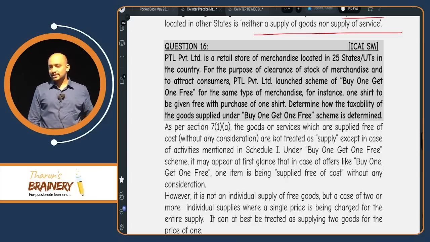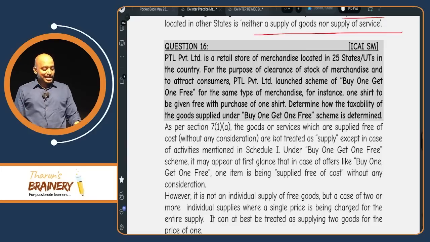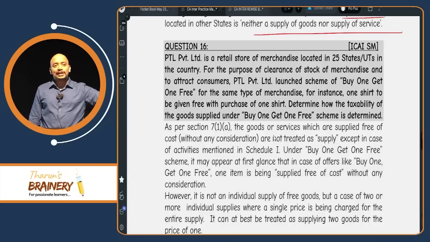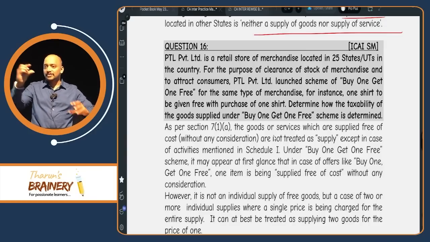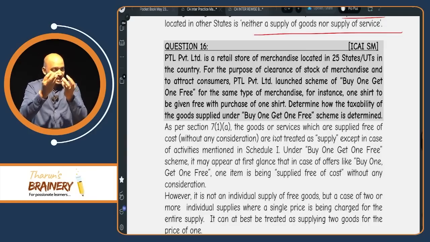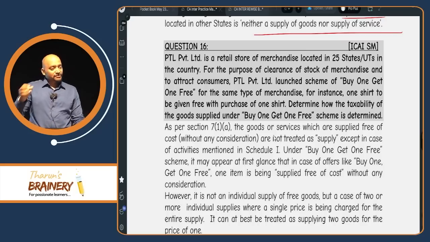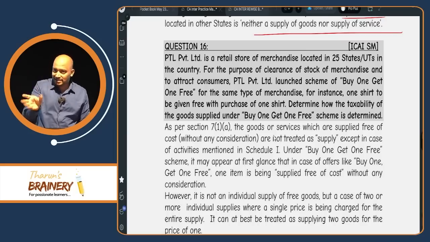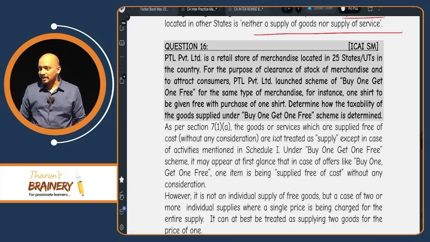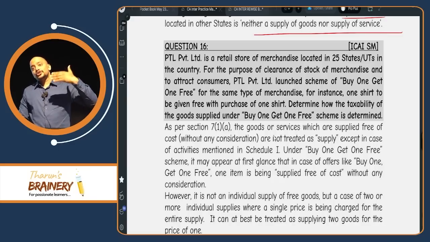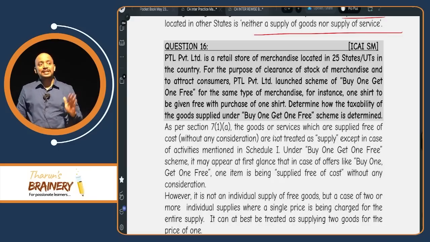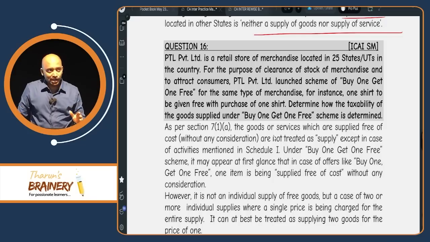Example, Kinder Joy. Kinder Joy, you know, na? In that Kinder Joy, chocolate and one toy they give us in one pack. Is it composite supply or mixed supply? Composite supply. Why? For every product you purchase, you get one toy inside that, which means all are taxable, naturally bundled in the ordinary course of business, and the principal supply is what?